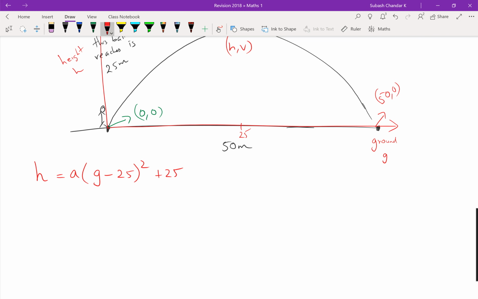Now the easiest point to substitute in this case would actually be 0, 0, not 50, 0. Pick 0, 0 because it makes it simple. So when G is 0, H is 0. So we got 0 equals A times negative 25 squared plus 25. So we got A equals negative 25 over 625.